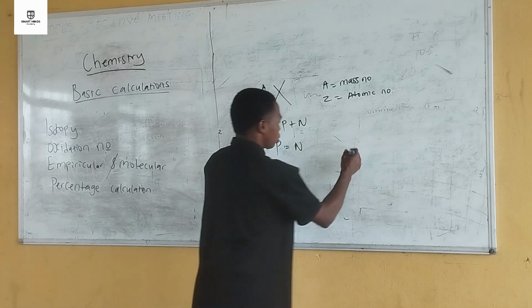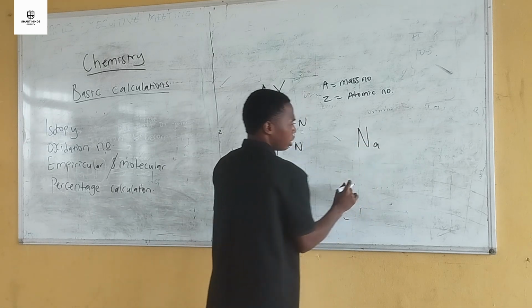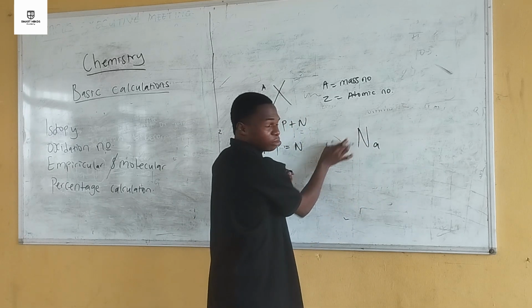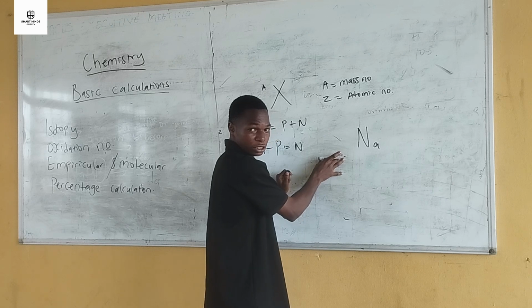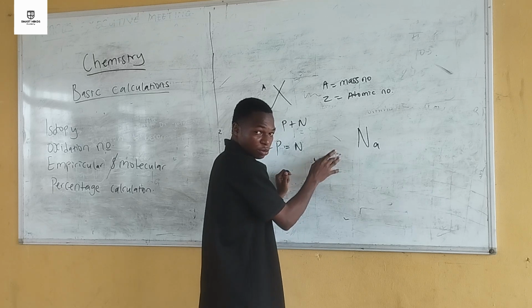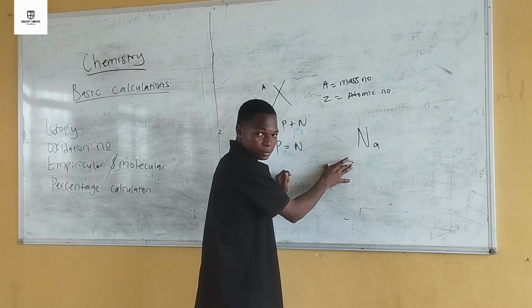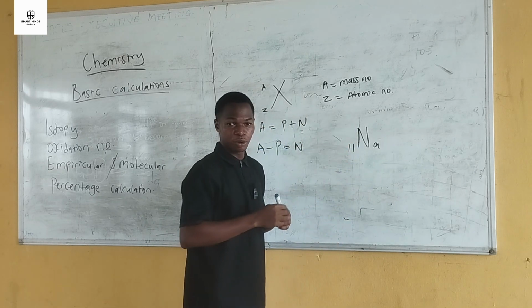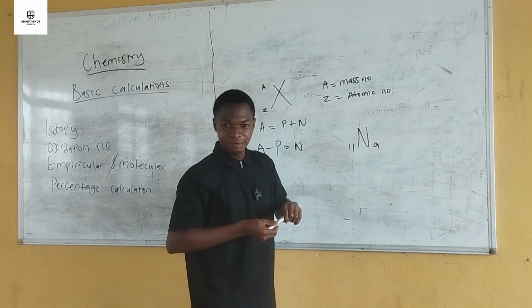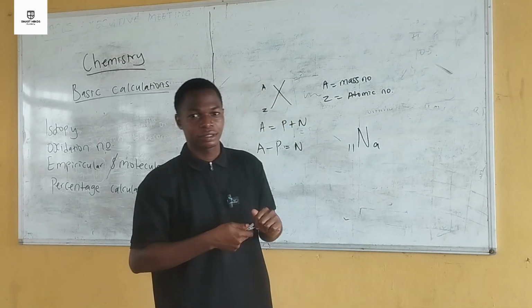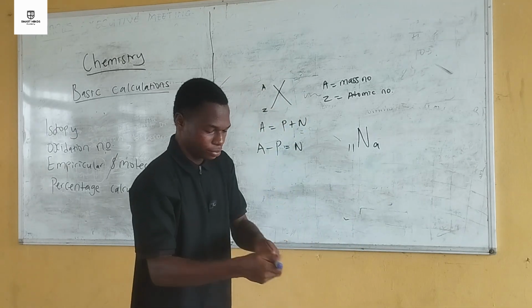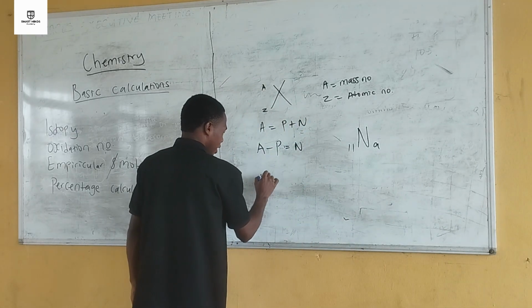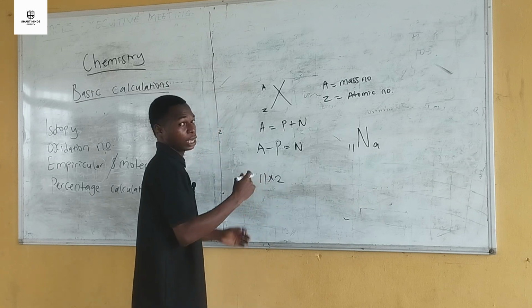If this element is sodium, let's use a typical element, the atomic number is 11. The mass number will be what? See how I usually do it: I multiply 11 by 2, which is 22.